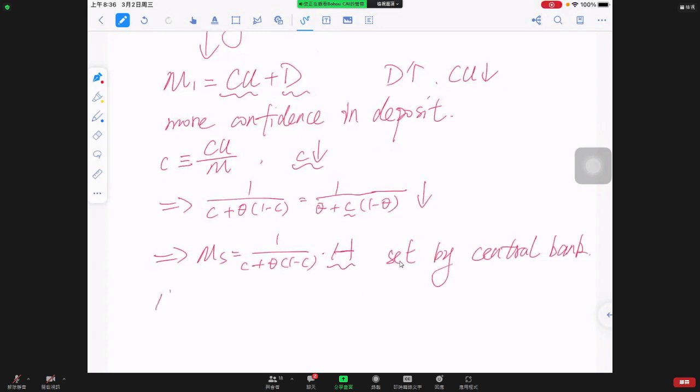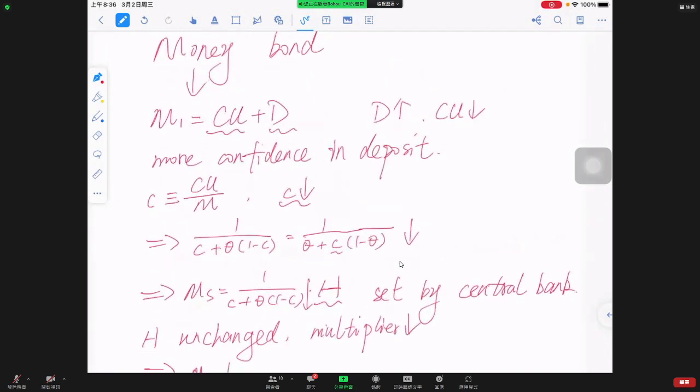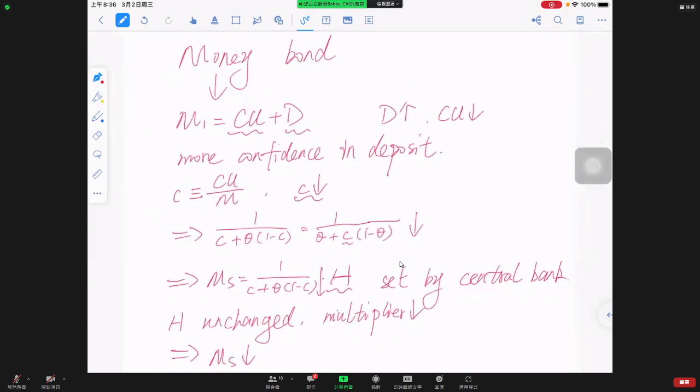So H is unchanged, and this multiplier decreases. Finally, money supply will decrease, right? So this is the logic.